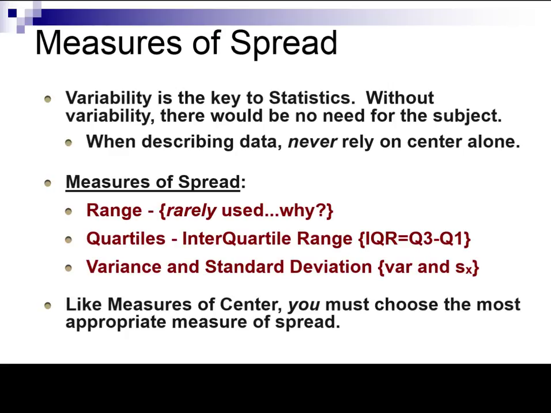If your data seems pretty decent, pretty normal, then the standard deviation would be good. I want you to make a note of this as well. If you have outliers, you're going to want to use the median for a measure of center, and for a measure of spread, the IQR. Those two are married, man.